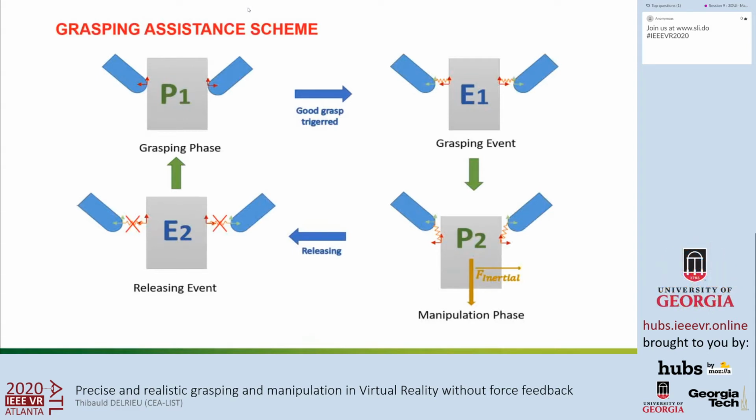For releasing the object, we just analyze the output of the effort along the normal of the contact points. Once we reach a certain force threshold, we deactivate this spring and the object could be released.